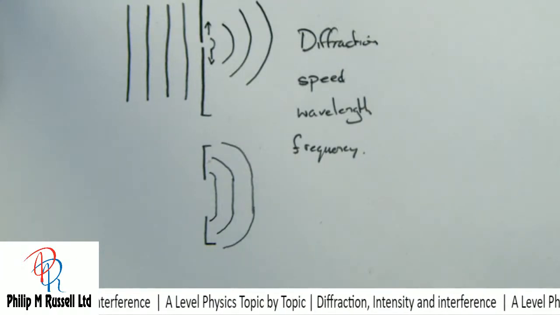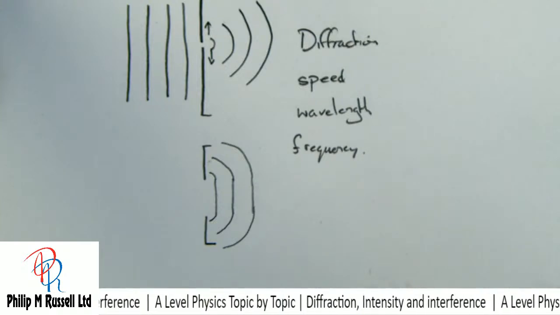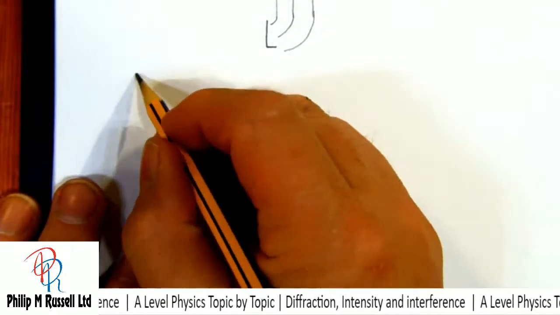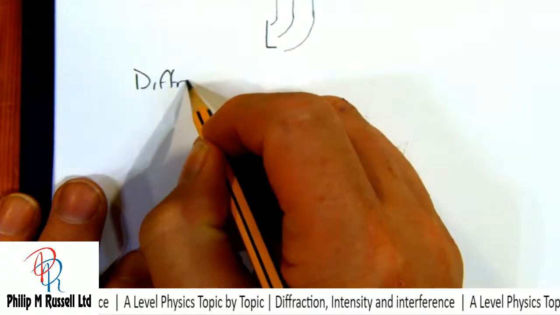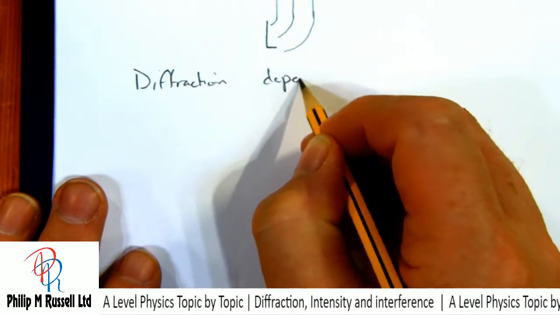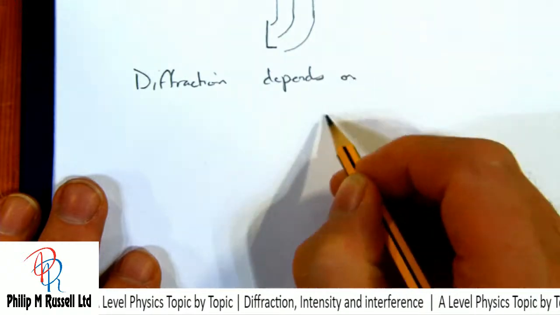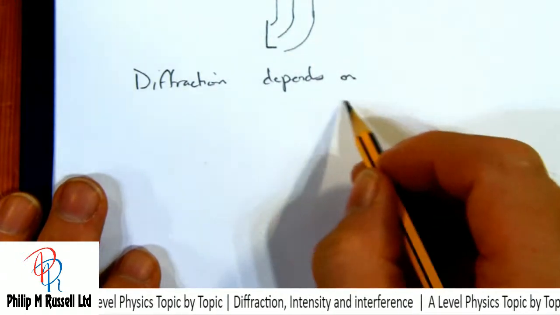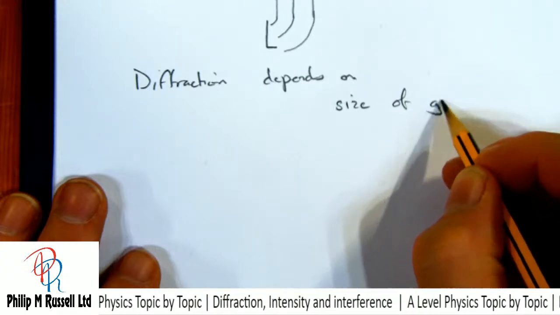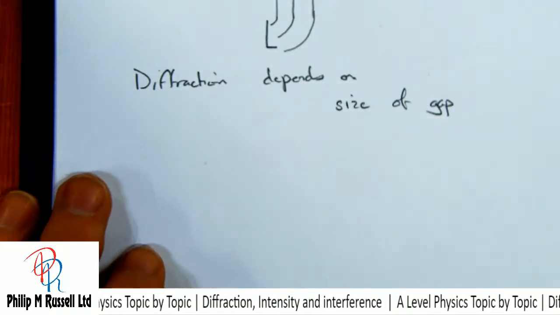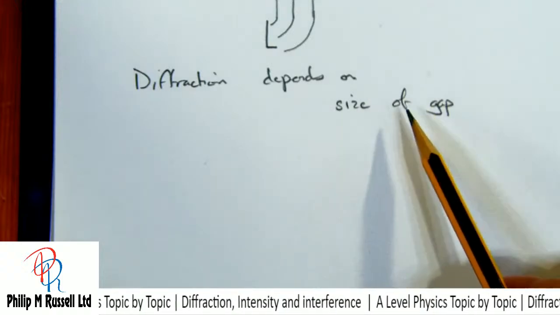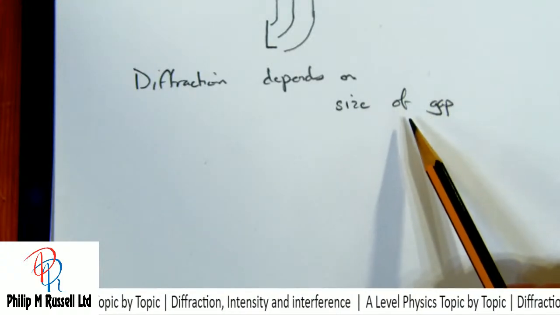The amount of diffraction then depends on the size of the gap. If the gap is too small, very little wave energy can pass through.